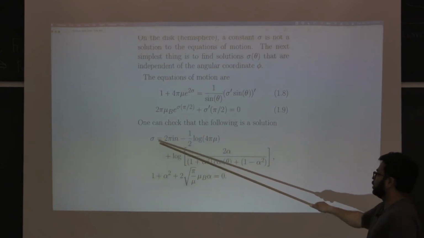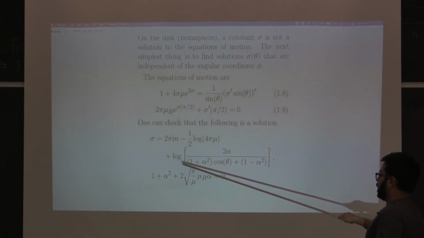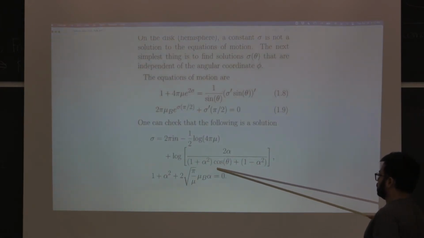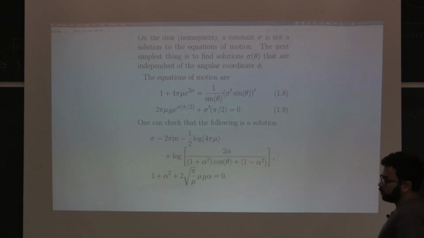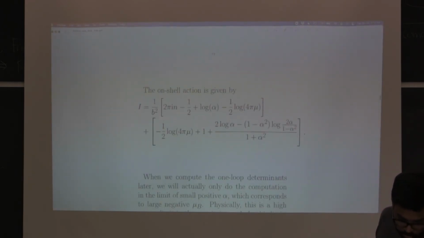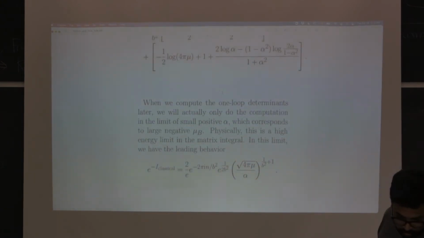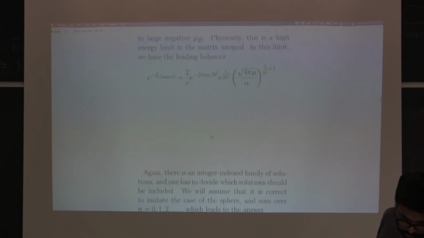Note that sigma again has this imaginary part ambiguity and is not just a constant, but depends on the latitude. But most of the points are the same. You can compute the on-shell action and sum over those values of n.